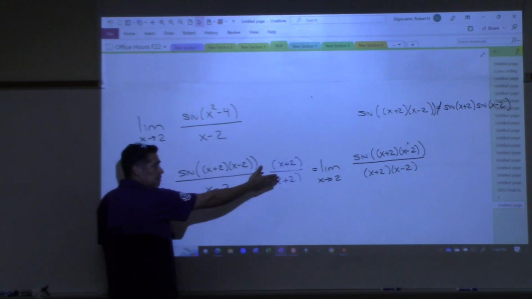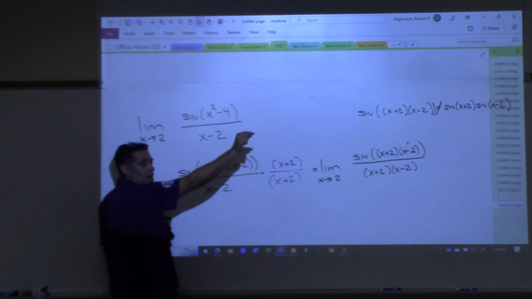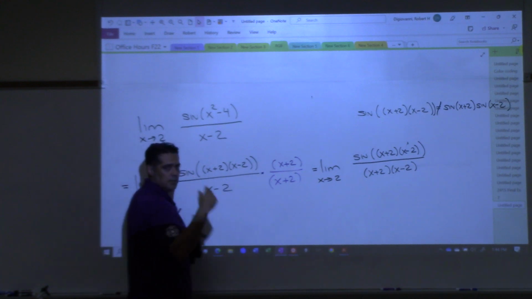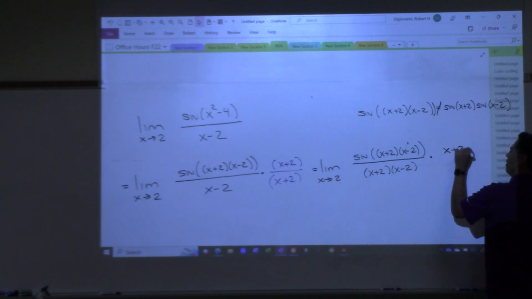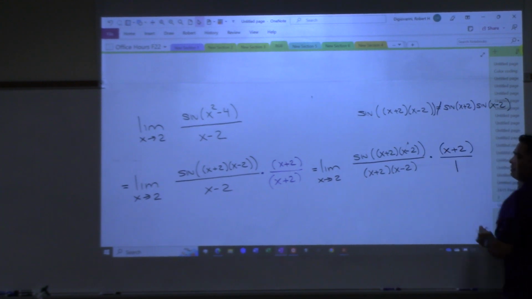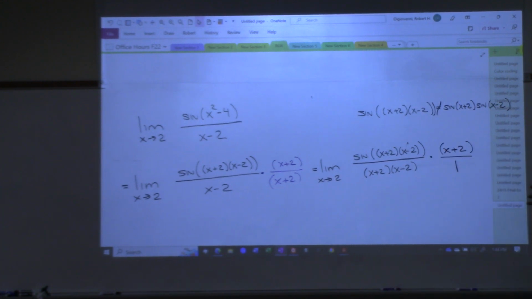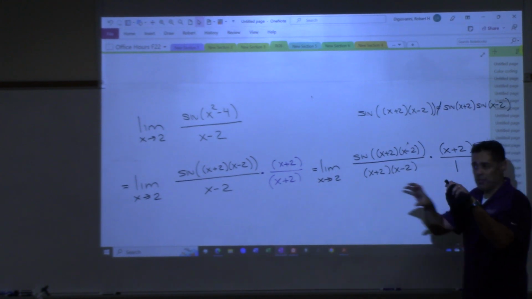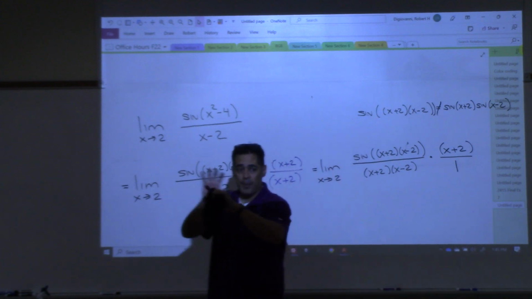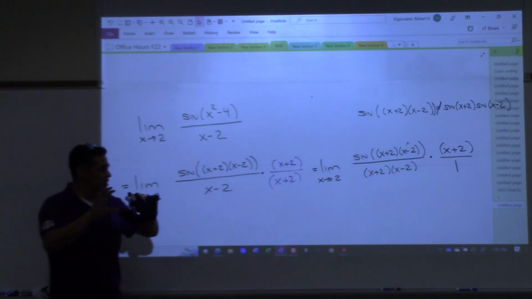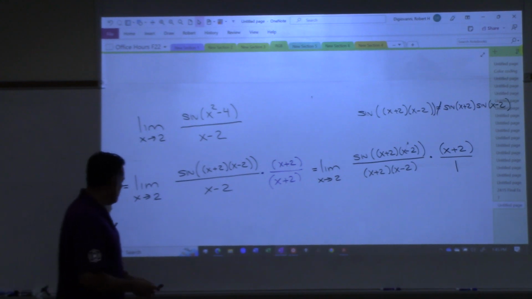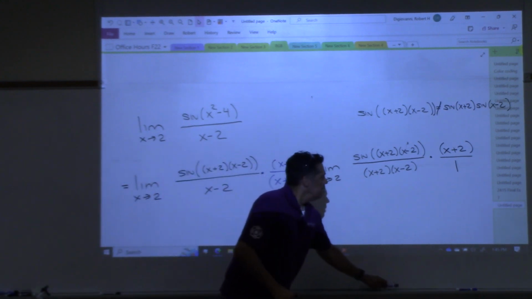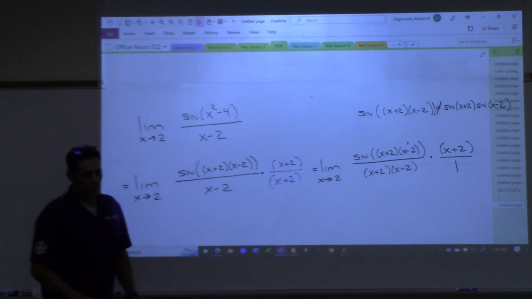X plus 2 on the top over 1. I'm manipulating the fraction. When you have fractions with multiplication, you can slide things around. It's called the commutative property of multiplication. So I'm just being clever in a way. I don't know another word for it.